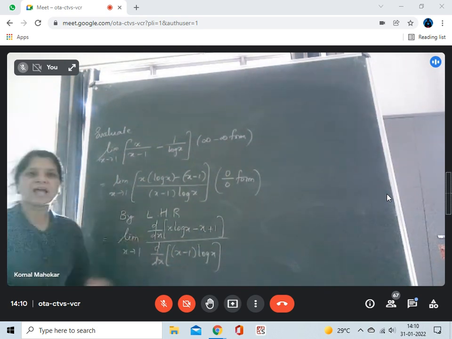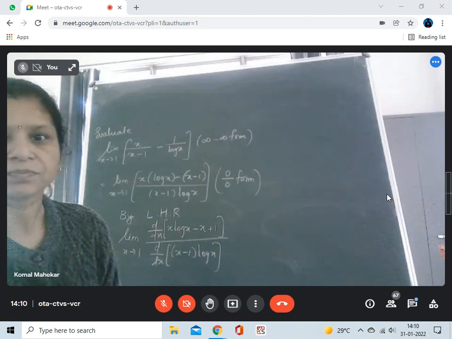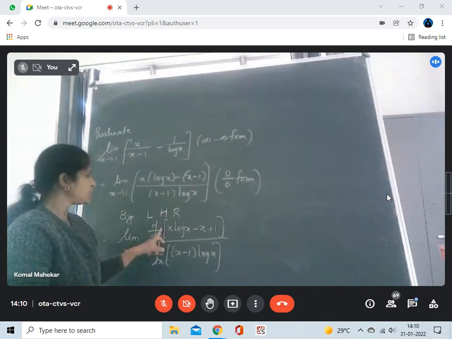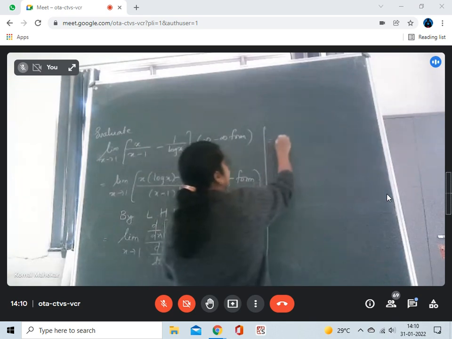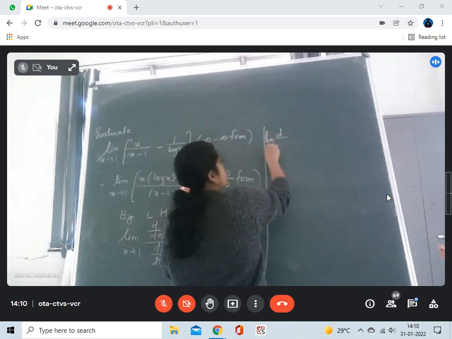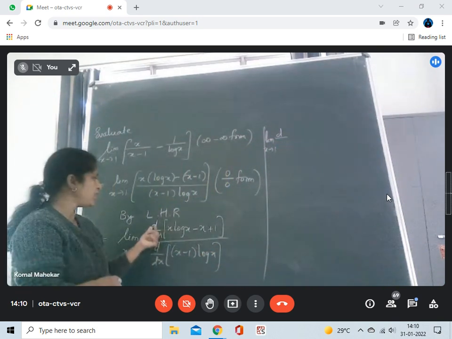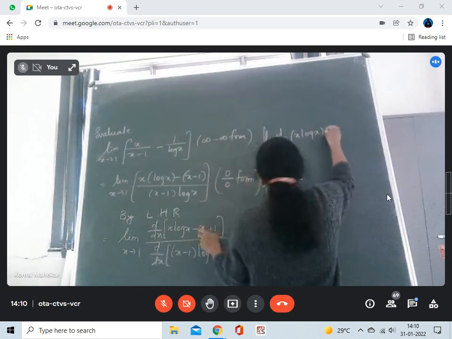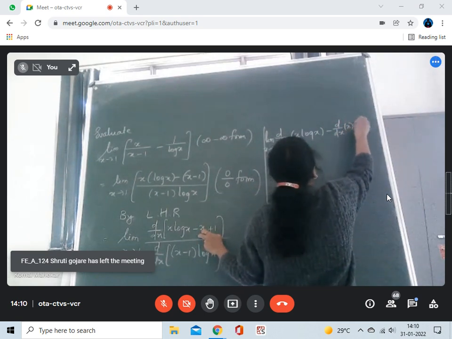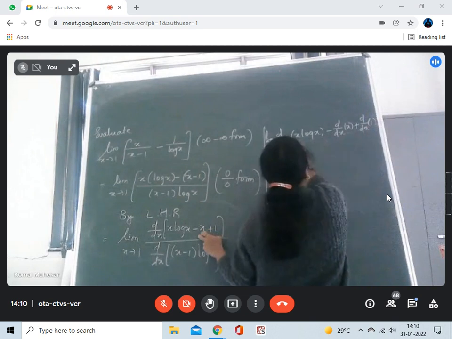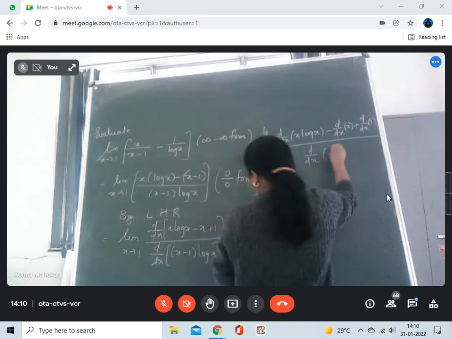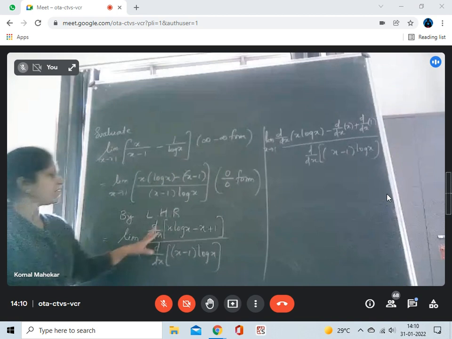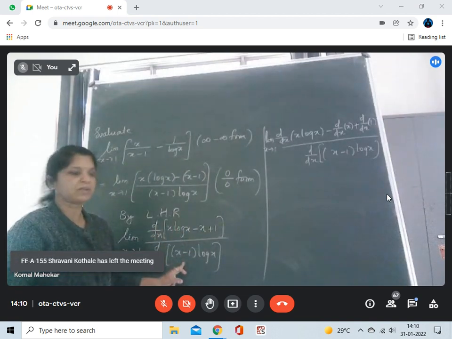So this is equal to limit x tends to 1 of d by dx of each and every term: d by dx of x log x minus d by dx of x plus d by dx of 1, divided by d by dx of x minus 1 into log of x.